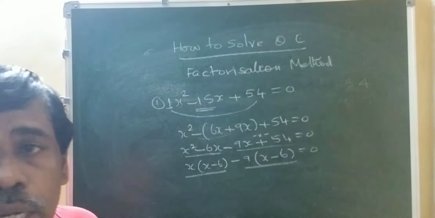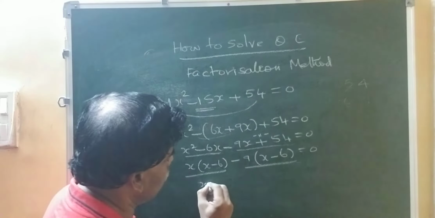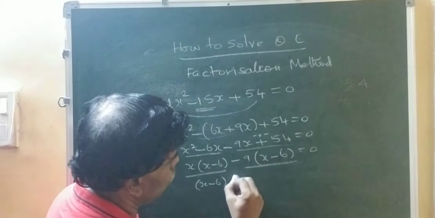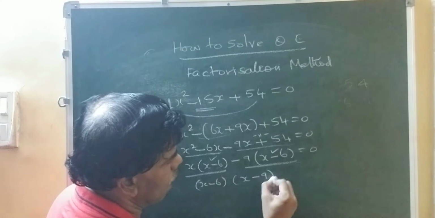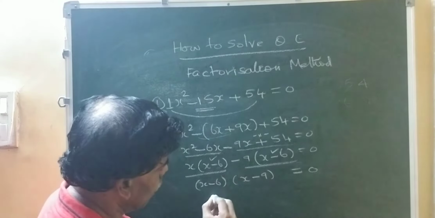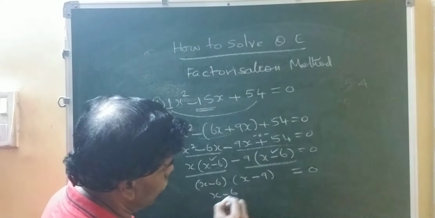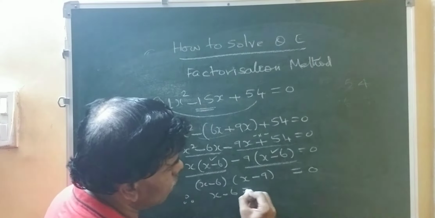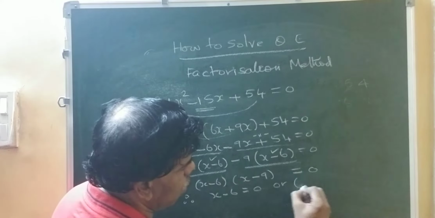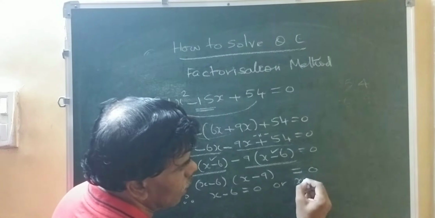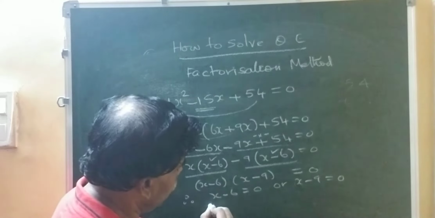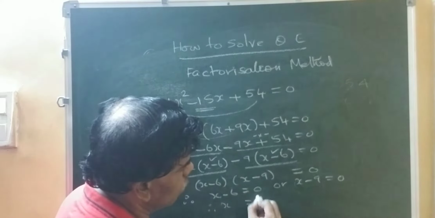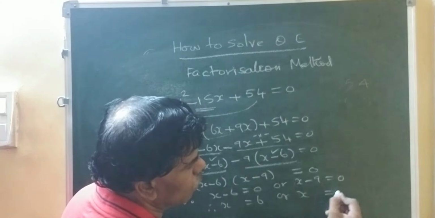Now what is common in both? x minus 6. So x minus 6 is common. x minus 9 is equal to 0. Therefore x minus 6 equal to 0 or x minus 9 equal to 0. Therefore x equal to 6 or x equal to 9.